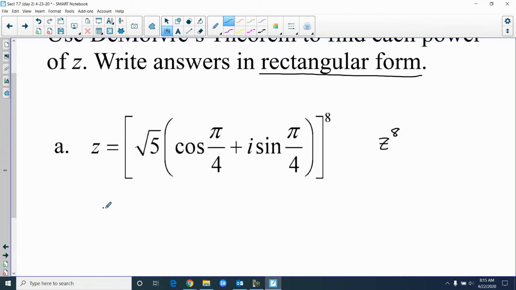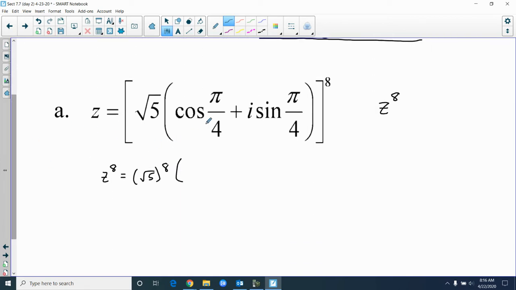To do that, you take the modulus out in front, the r value, square root of 5 to the 8th power. And then since this is in radians, we're going to work in radians. And then you do cosine of 8 times the angle plus i sine of 8 times the angle.